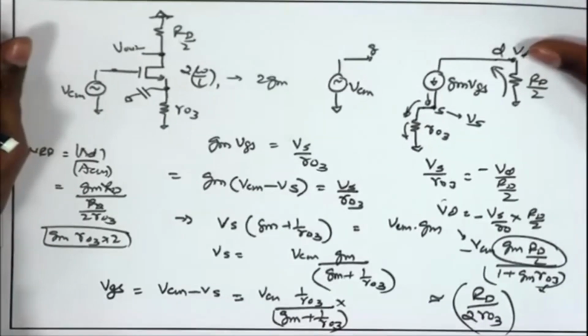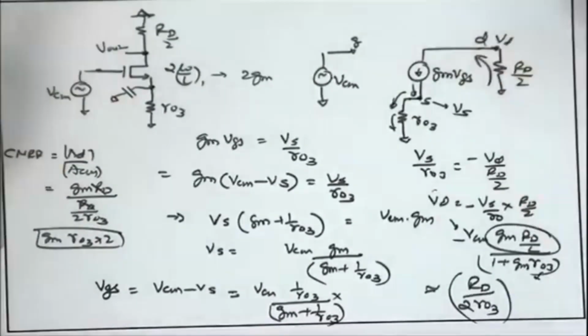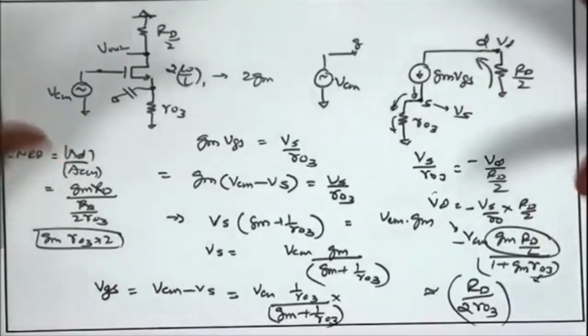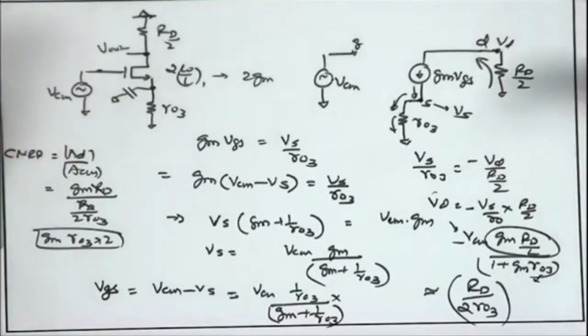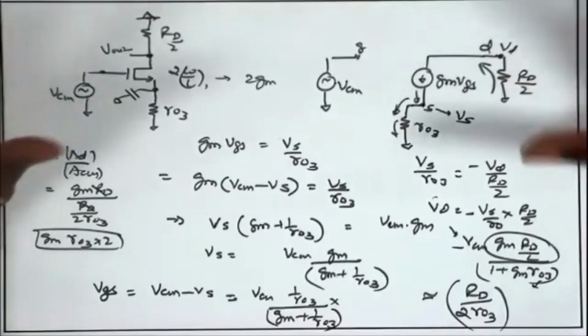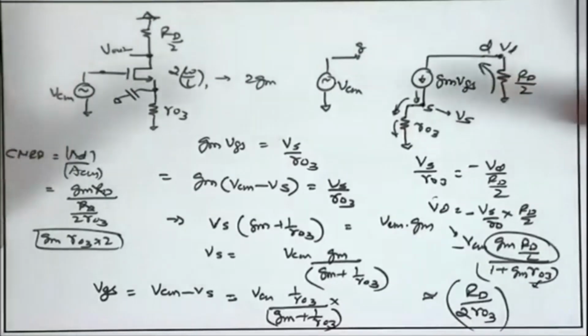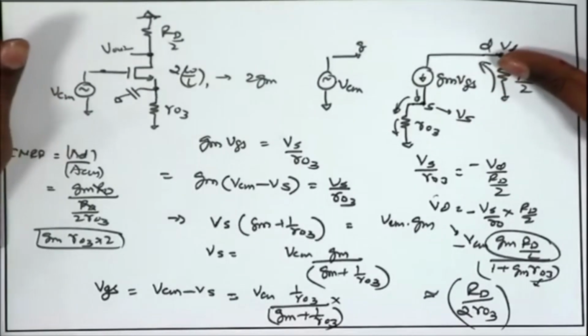Now, this is regarding the differential operation and common mode operation, the small signal analysis, differential gain and common mode gain for the simple differential amplifier with resistive load. We have also seen the swing, we have seen the DC analysis and the small signal analysis.